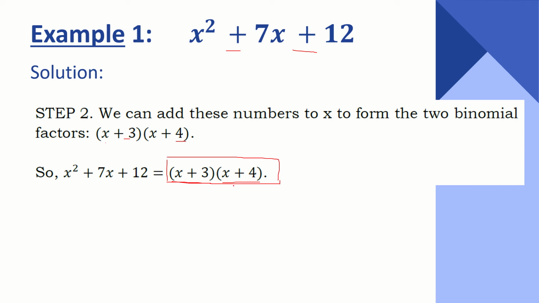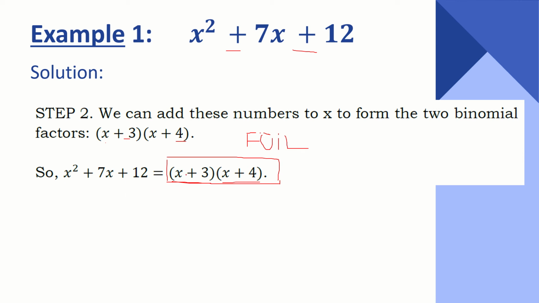So let's check kung tama ba itong factor by using the FOIL method. Using the FOIL method, we have the first term, the outer term, the inner term, and the last term. Let's check kung atong product sa duha ka binomial is this trinomial, x squared plus 7x plus 12.